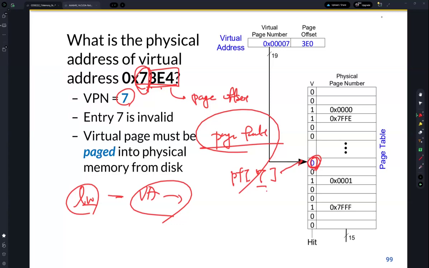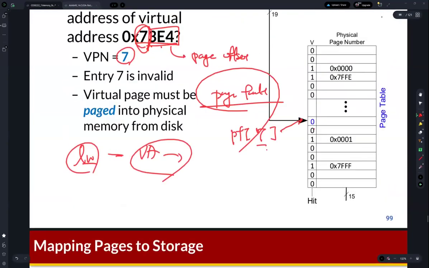So this is the page fault, and this is an exception. The exception needs to be handled by the operating system, right? So this page is fetched from the storage, and then this page is stored in the physical memory, like DRAM.